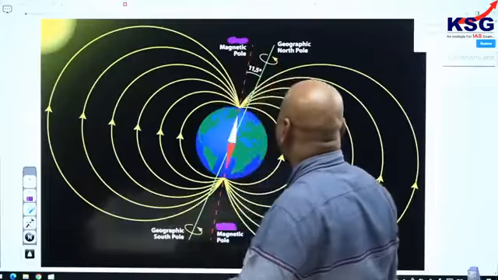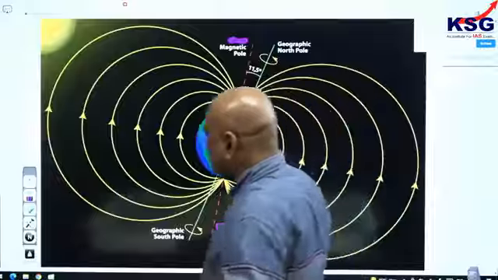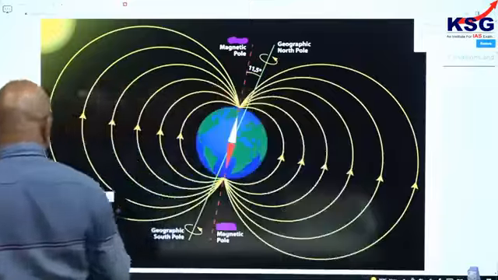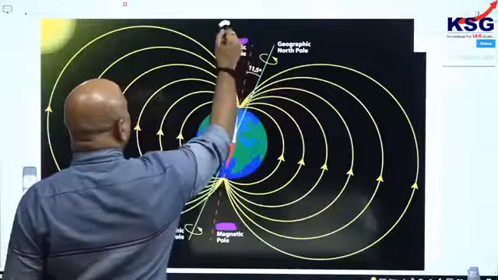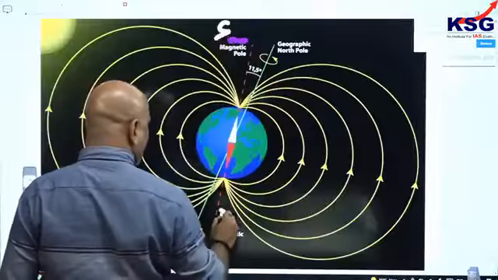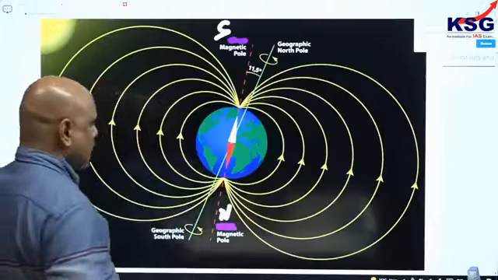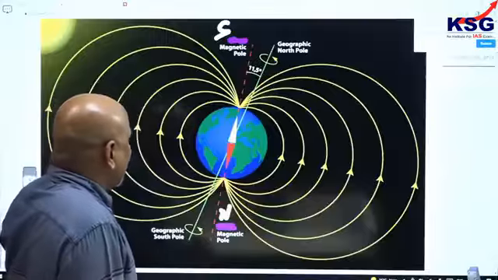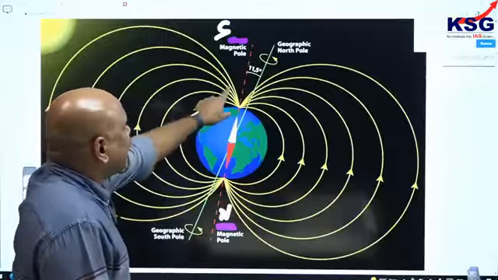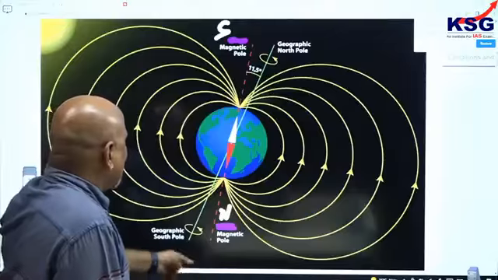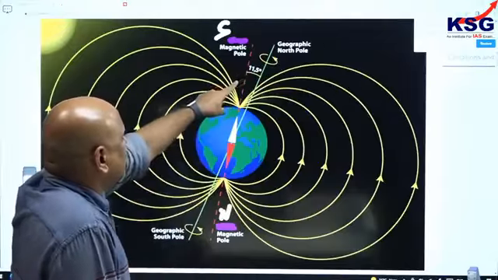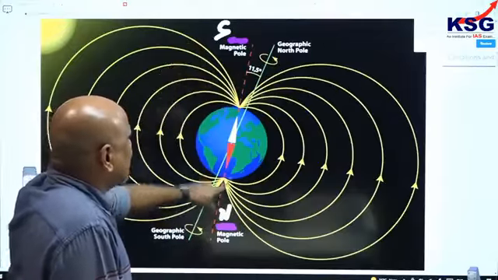In a bar magnet we have given this. Magnetic pole. There is a difference of 11.5 degree, I said. Geographic south pole, geographic north pole, magnetic south pole, magnetic north pole.